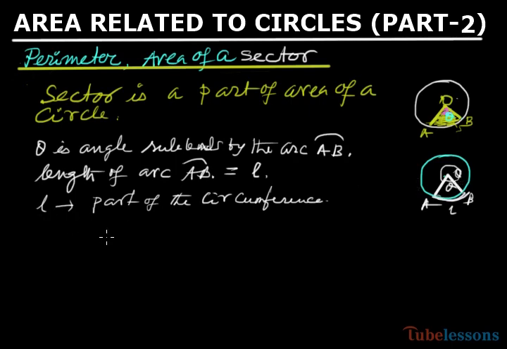So you can write that L by theta, here L and theta, and we can write here when theta is 360 degree, the length means here the circumference, that is 2 pi r.